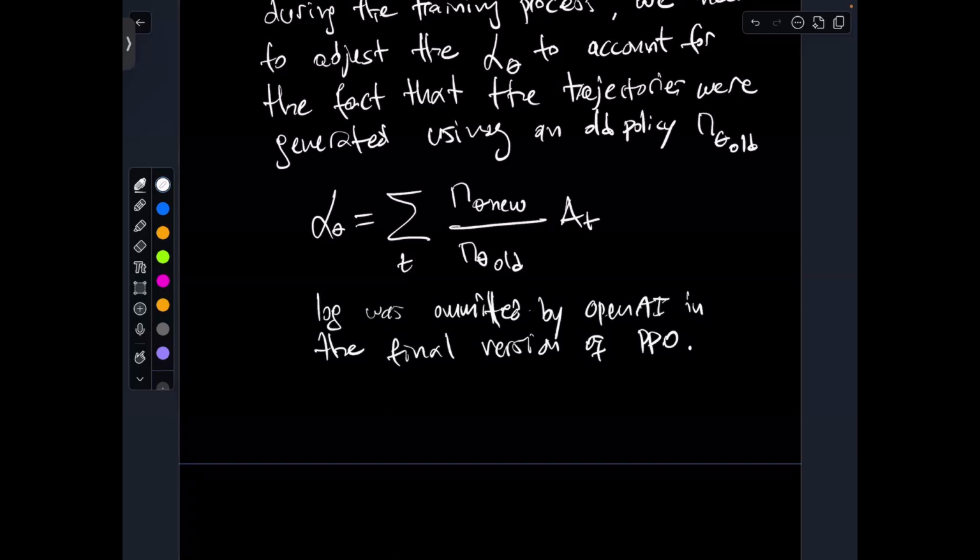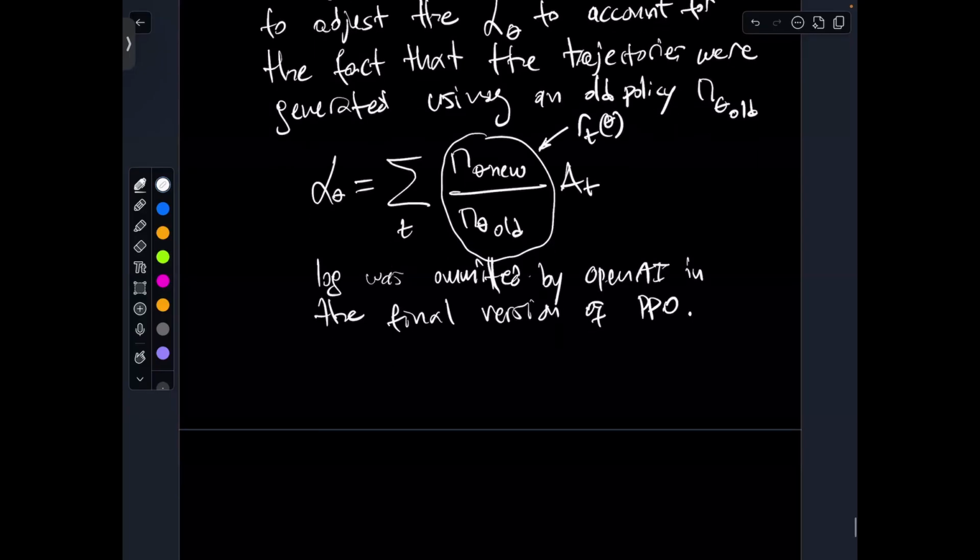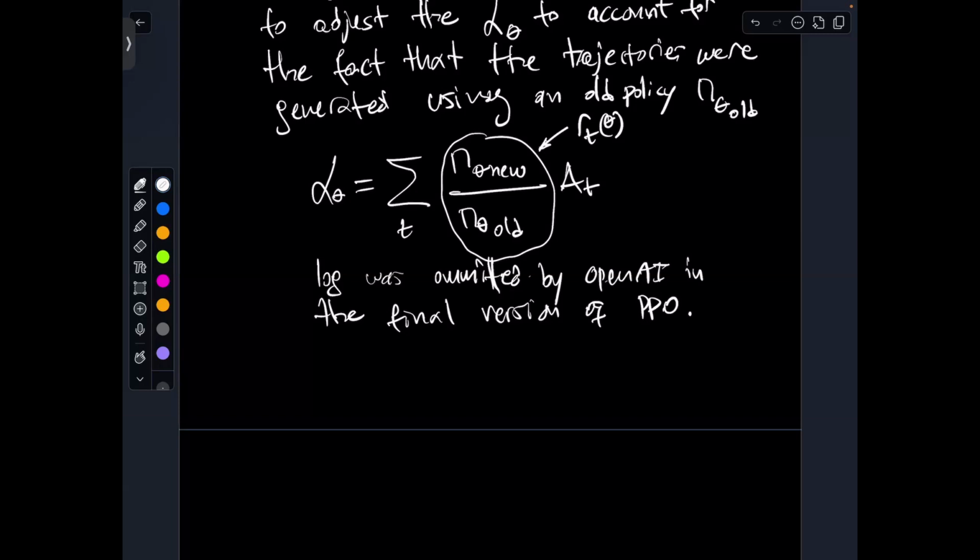So we are going to call this quantity, which of course changes over time, r t of theta. This r t of theta captures some intuition of how the model changes between, let's say, updates. If r is equal to 1, then we have no changes. But typically, obviously, it is not.